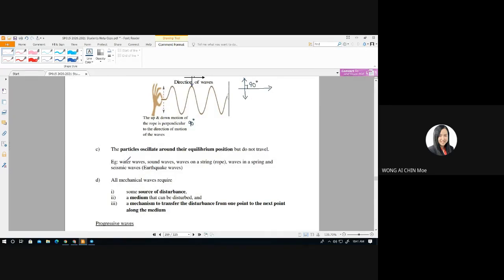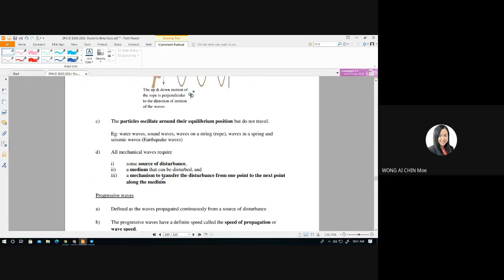Okay, so for example, water wave, sound wave, wave on a string, wave in a spring, and also earthquake wave, seismic wave. Okay, so all the mechanical waves require, so this one you must remember. So what is the requirement? This one will come up in objective questions.